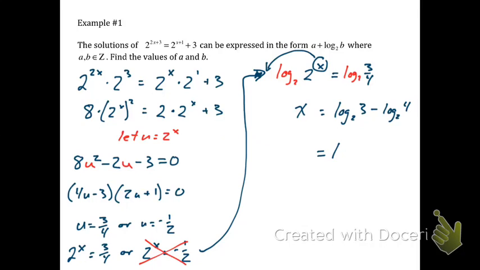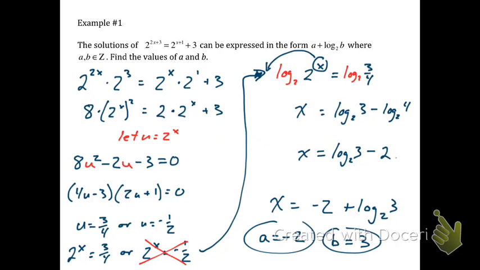And as you see, that's the division log law that breaks that up into a difference. And hopefully by now you're feeling pretty good about this because you see that that is just 2. And as you look to what you were trying to do, you now have your a and you now have your b, and you're therefore finished this question.